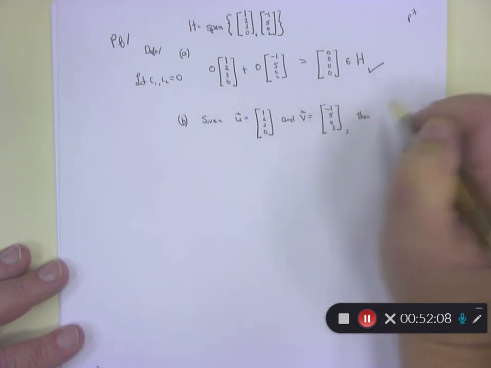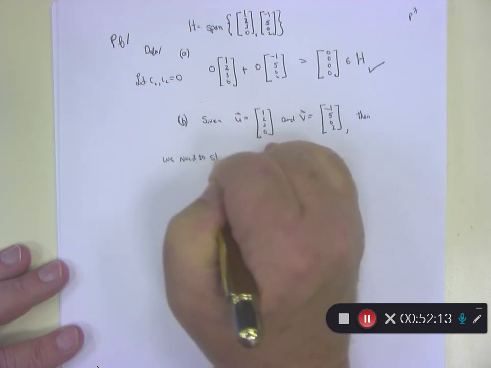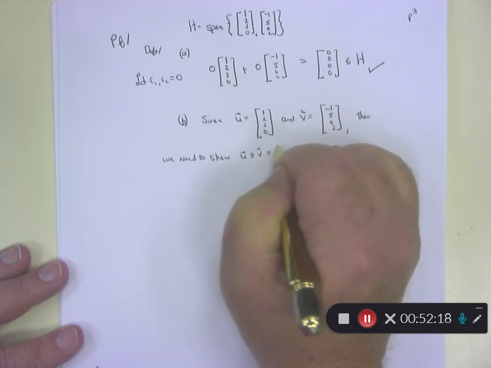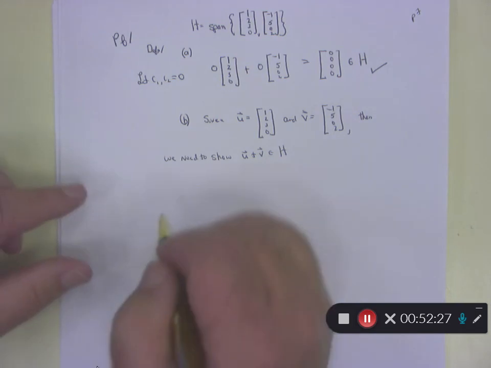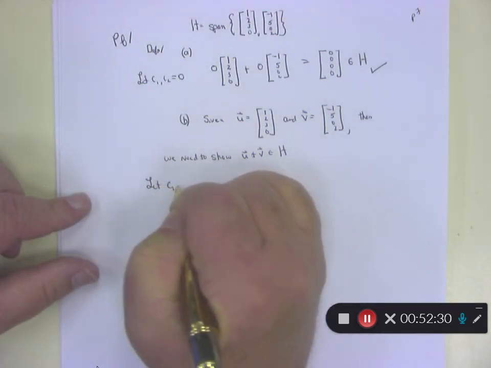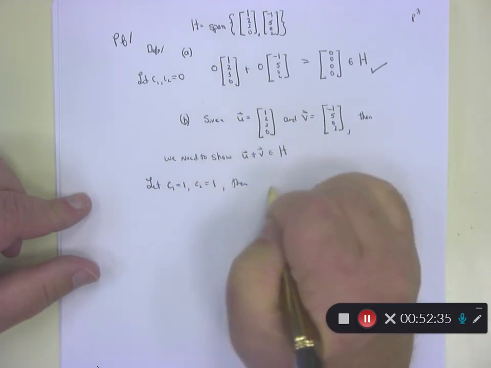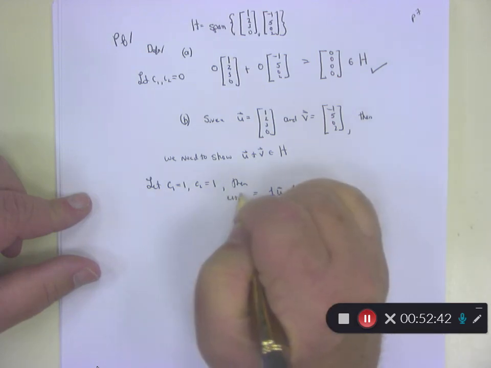Then we need to show U plus V is an element of H, right? But what is H? H is the span of these two vectors. To show U plus V is inside of H, I recommend let C1 be equal to 1 and C2 be equal to 1. Then 1 times U plus 1 times V, right? That's really what U plus V is.